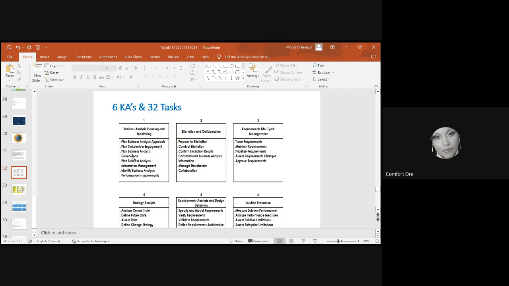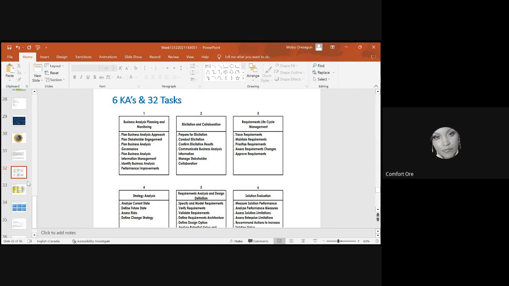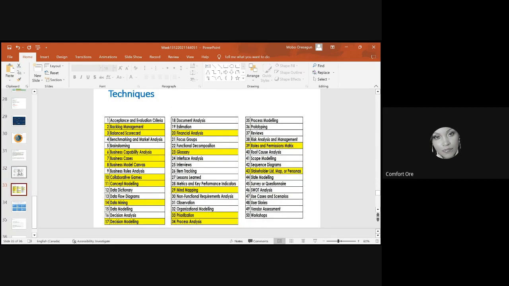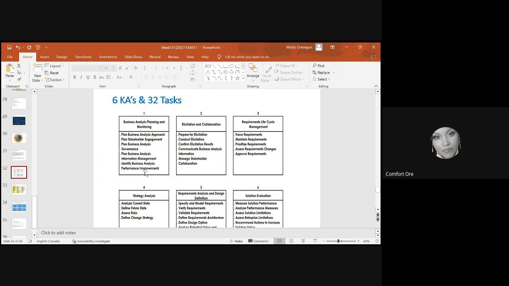So this is where we plan out, we name the stakeholders involved, plan the business analysis governance.